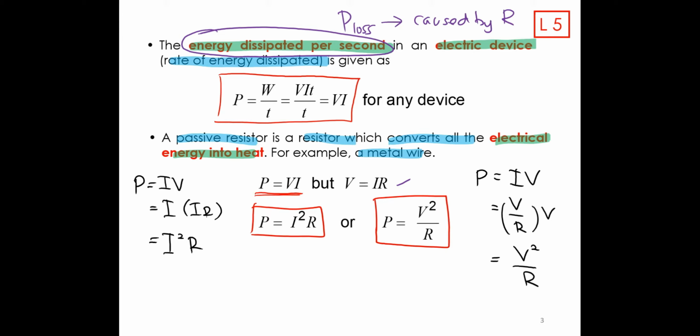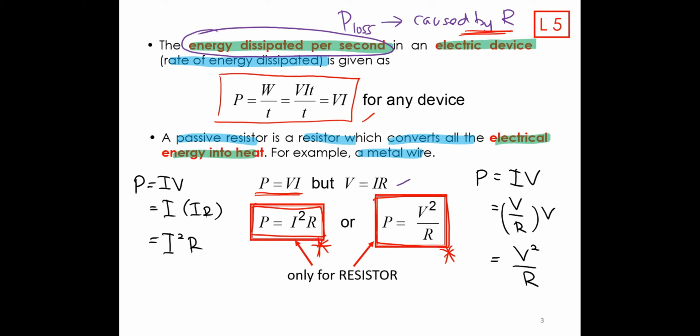So basically you have three different equations to find power: power equals IV, power equals I squared R, and power equals V squared over R. But I repeat once again, if you want to find the power loss or power dissipated, which is caused by the resistor, it is better to use I squared R and V squared over R instead of IV.